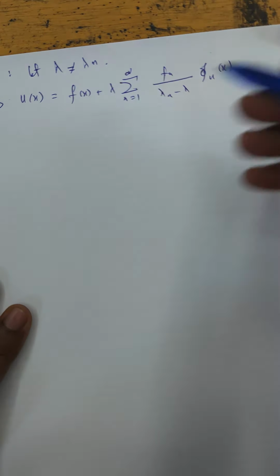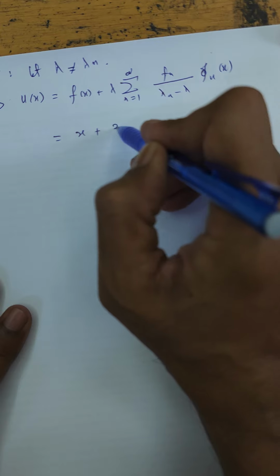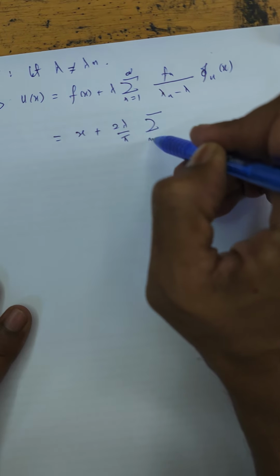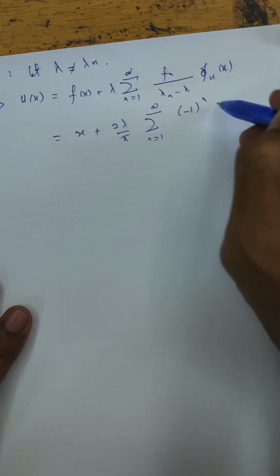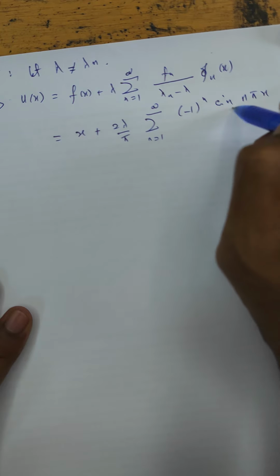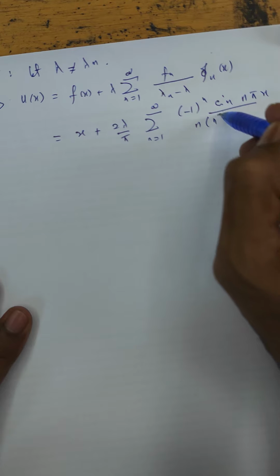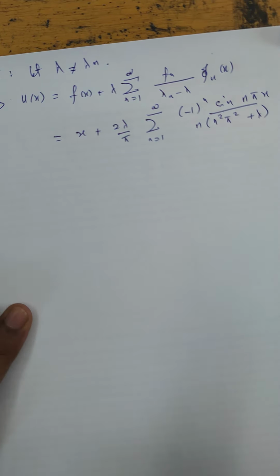And then you substitute everything you got here. This gives you x plus 2 lambda over pi sum n from 1 to infinity minus 1 to the n sin n pi x over n squared pi squared plus lambda.